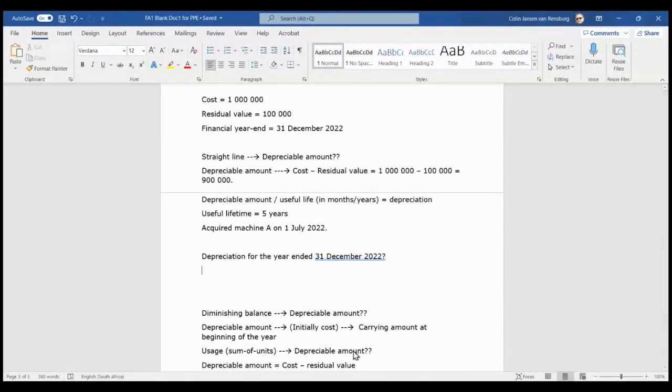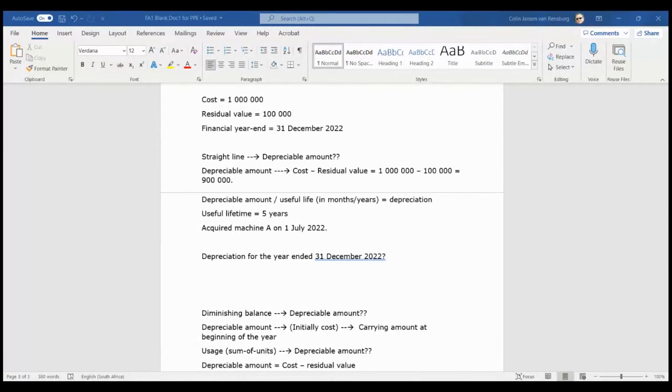As a matter of interest, ladies and gentlemen, let's add a percentage like Lucille suggested. Like I said, this is not necessary in the case of the straight line method. So if you have calculated a useful lifetime of 5 years, what is the percentage that you are going to write off as depreciation annually?